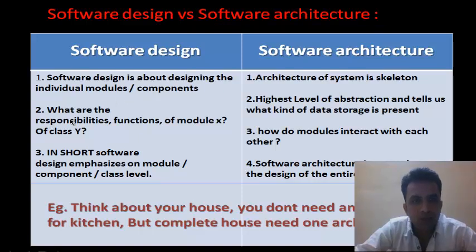Second is what are the responsibilities and functions of module X, or we can say class Y. It only studies that short area, or we can say it emphasizes a single module or component.